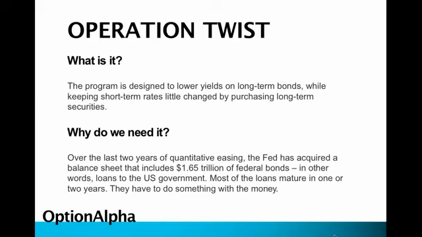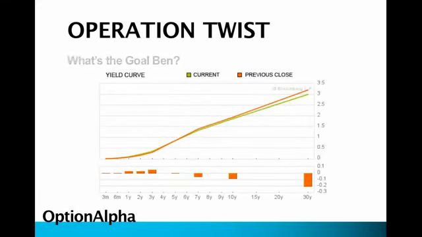Once they mature, the Fed has to do something with that money. So they're going to take that money and purchase longer term securities. So 10-year, 15, possibly even some of the mortgage-backed securities in the 30-year realm, in an attempt to lower the long-term rates as well.